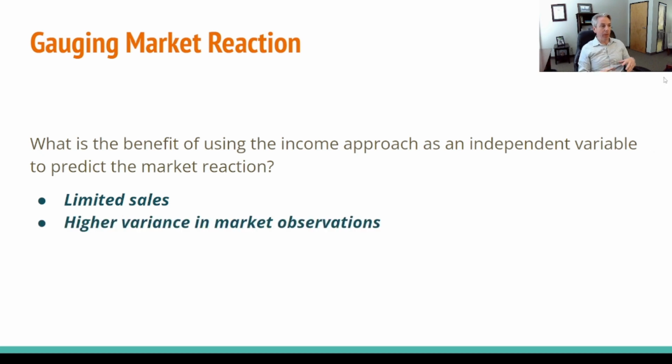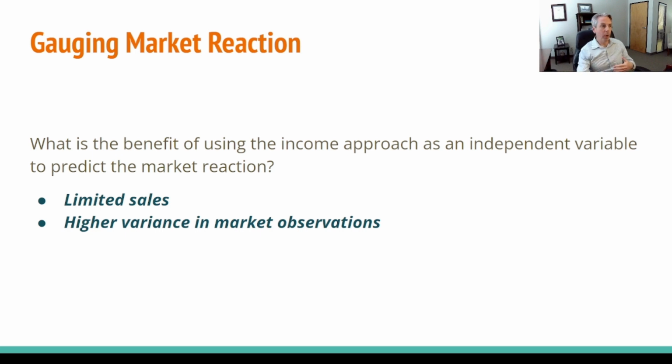The other thing that you might notice if you're doing solar research is that there's probably going to be a higher variance in your market observations. If you're observing the contributory value, that number will likely have a higher variance. There are a lot of reasons for that. Overlaying an income approach on top of that will serve to smooth out that data.